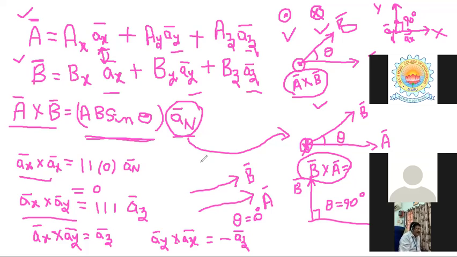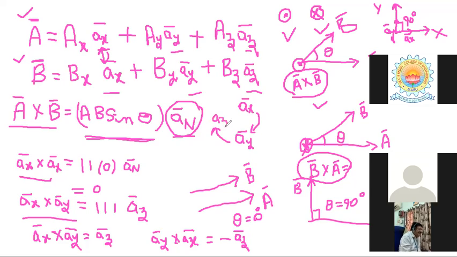I will explain. A simple way of representing this I will tell you. See here, how to calculate or how to remember the cross product between three different vectors, that is ax bar, ay bar and az bar.